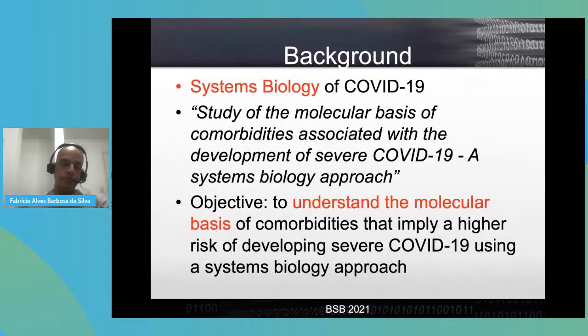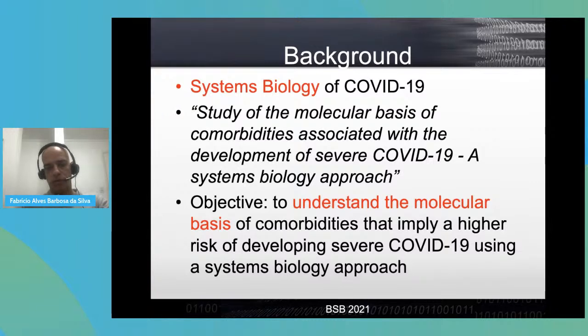Okay, so the origin of CellHeap was a systems biology project, a project that investigates the COVID-19 disease under the systems biology approach.